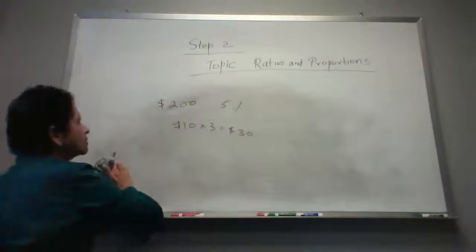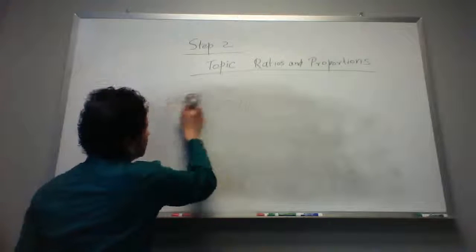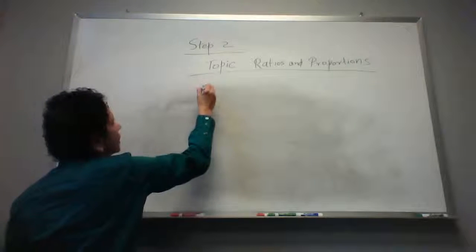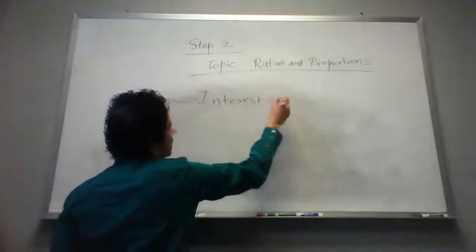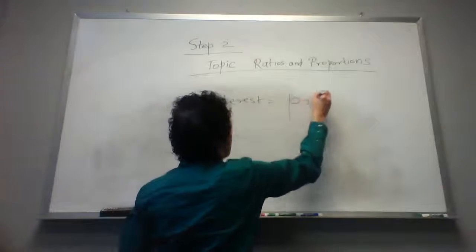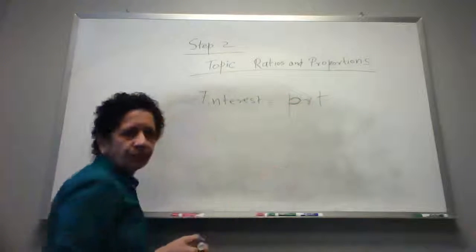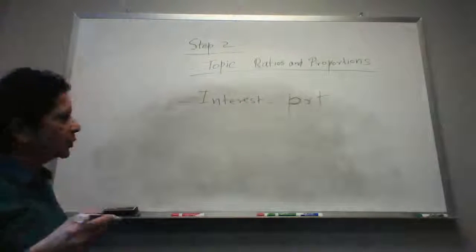So we can put this math in an equation. So the equation for the interest, the amount of interest you are going to be earning, we call it PRT, PERT. Remember, PERT, interest is PERT.